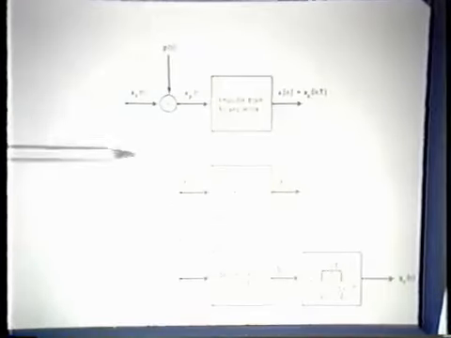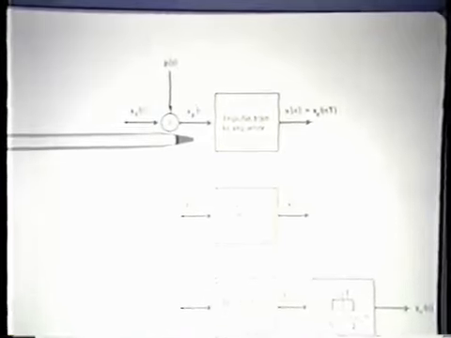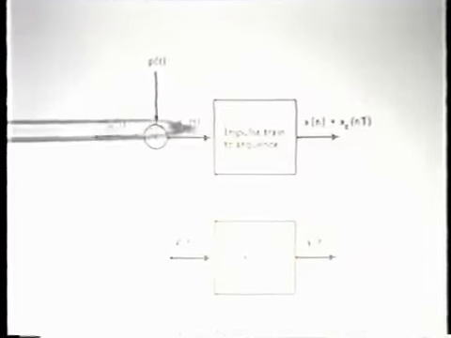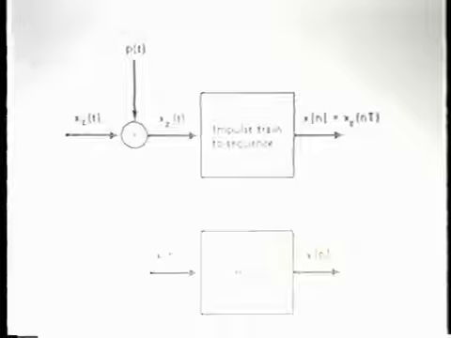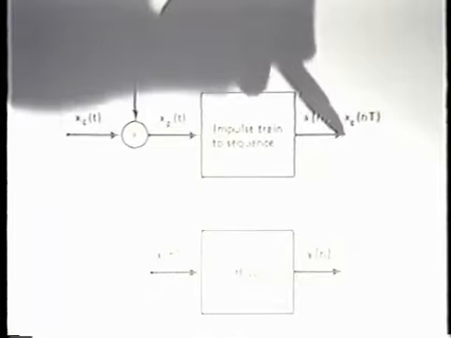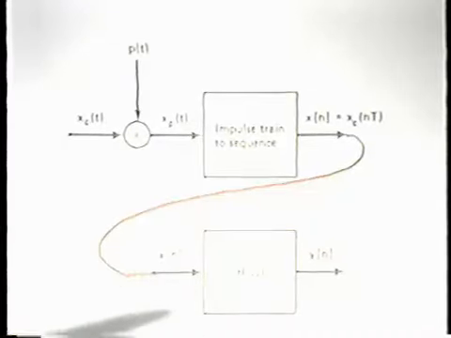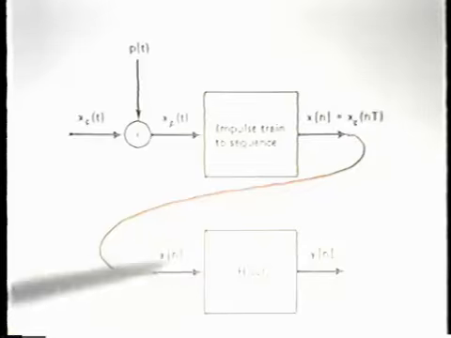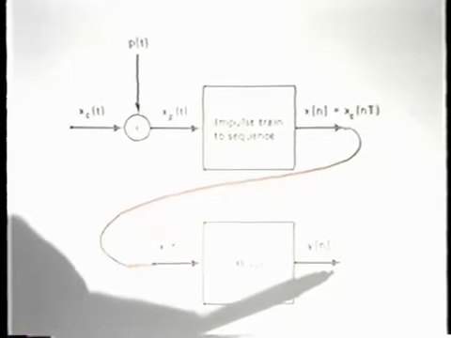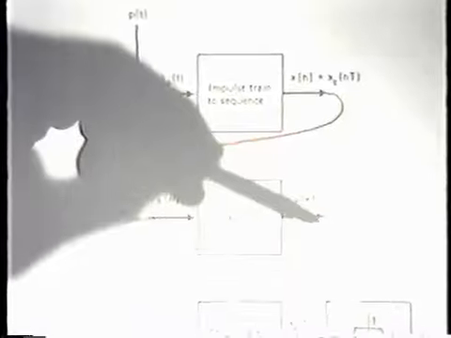And the overall system, of course, as I've stressed several times in the past, consists of first the sampling process, conversion to an impulse train, and the impulse train converted to a sequence. That sequence is then processed through our discrete time filter, and after the discrete time processing, the result of that is converted back to an impulse train.